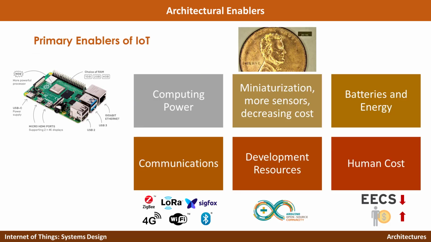These are the 6 enablers of IoT. When you talk about enablers, what we are talking about is what makes IoT an IoT. What technologies or what are the reasons IoT got established or is being developed?